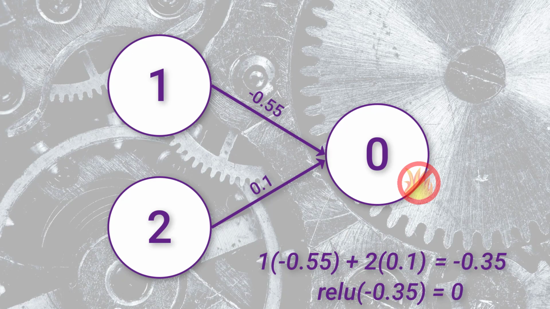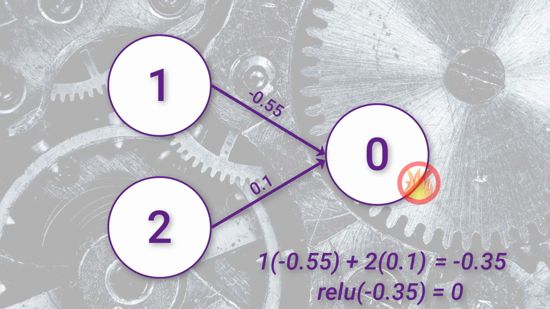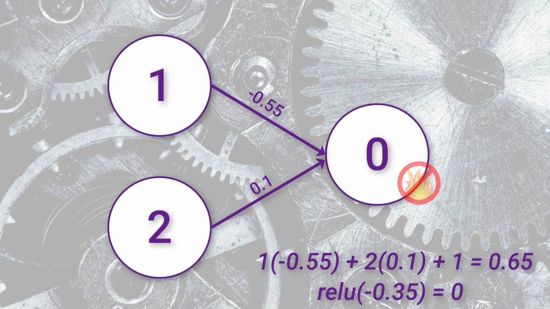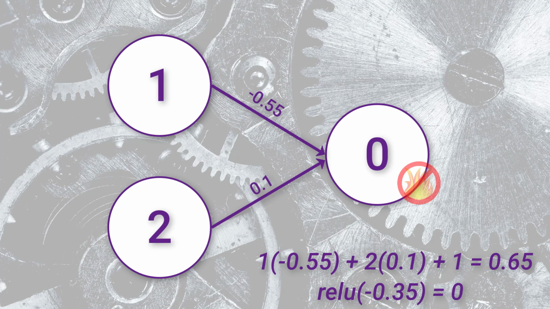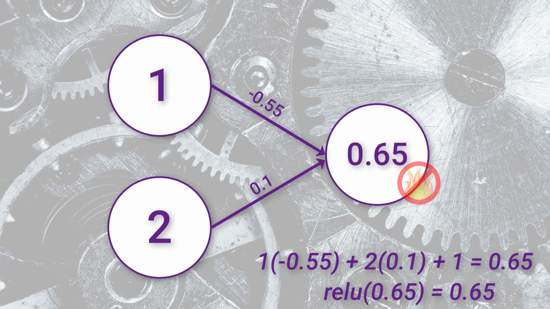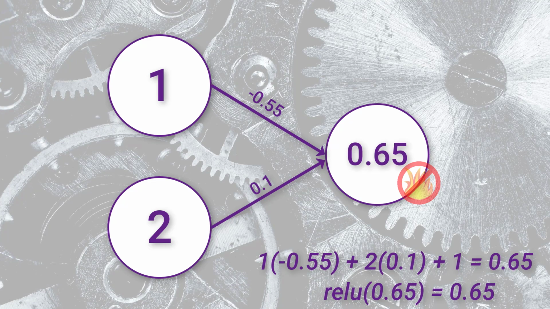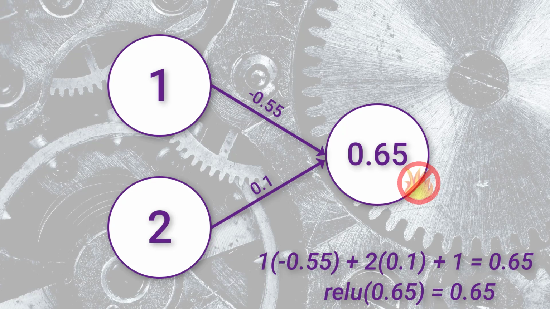Now, our weighted sum of minus 0.35 plus our bias of 1 equals 0.65. Passing this value to ReLU, the maximum of 0.65 and 0 is 0.65. And so this same neuron is now considered to be firing.